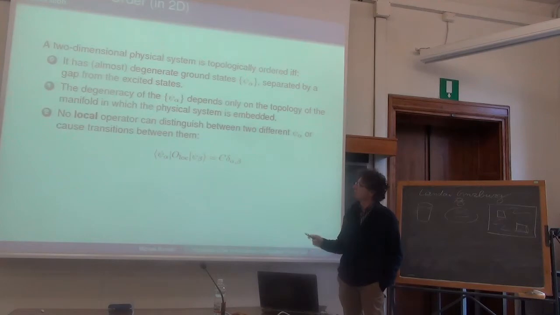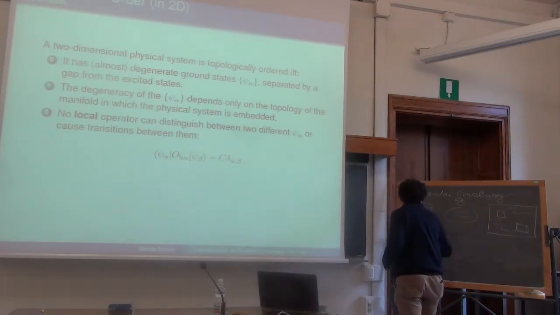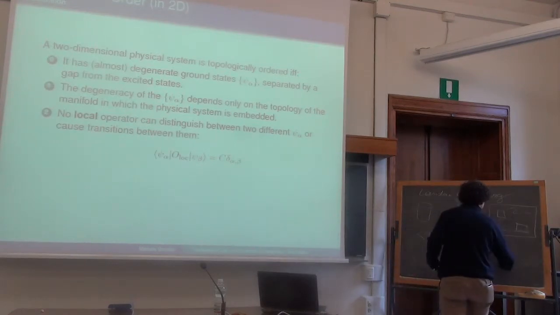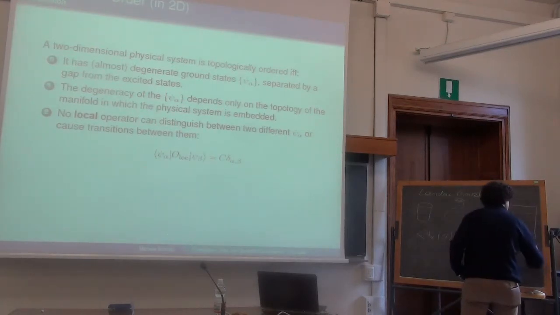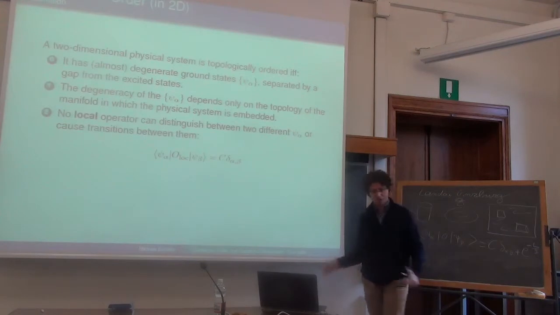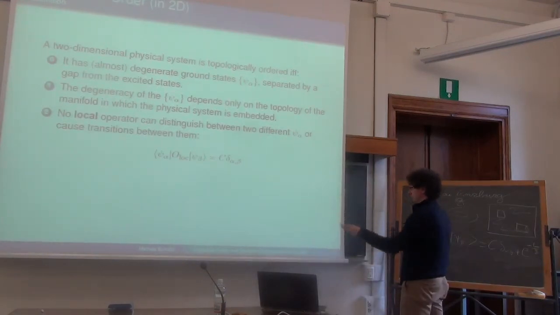This relation may be true also up to some correction, let us say. So we have the matrix element <psi_alpha|O|psi_beta>, and I want this to be proportional to some constant times delta_alpha,beta, plus I may tolerate something that scales like the system dimension, so that once we consider the thermodynamic limit of the system, this relation becomes exact.